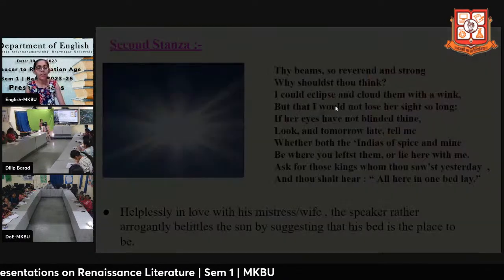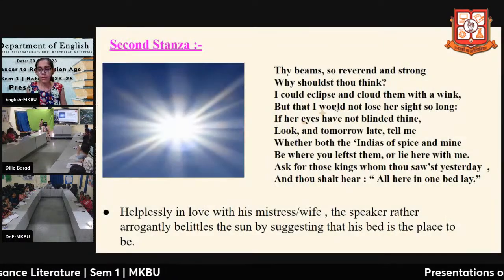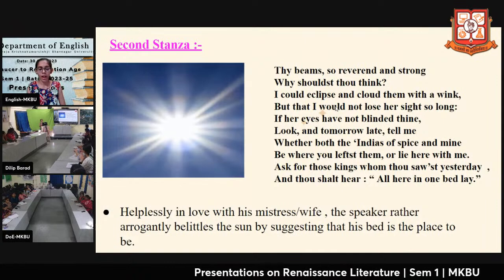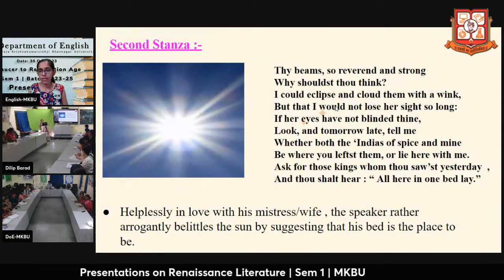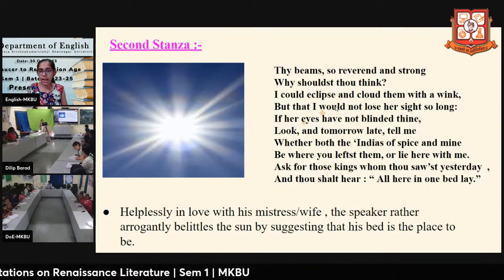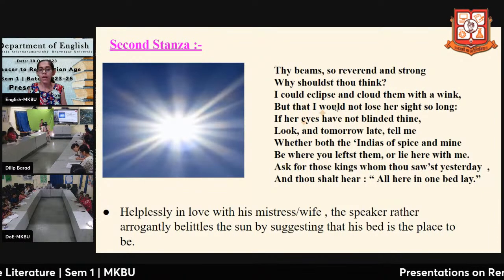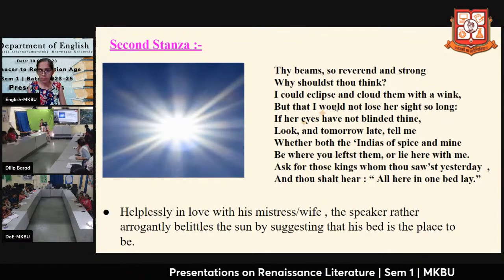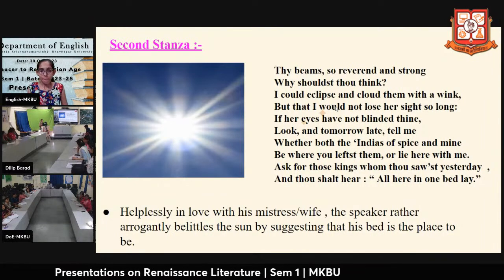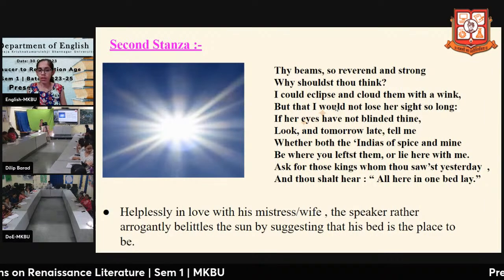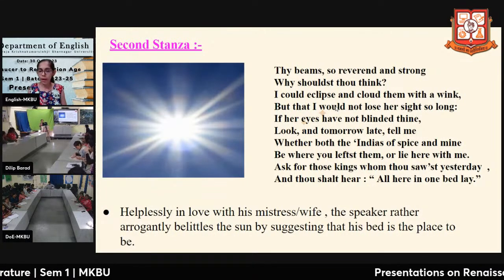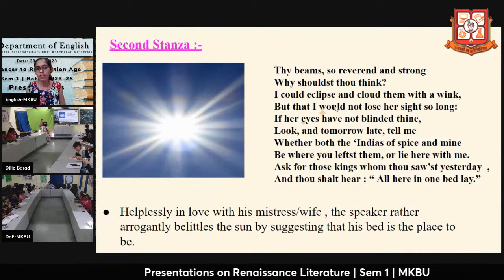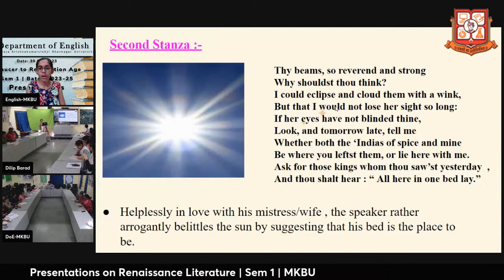In the second stanza, the poet says to the sun, "Why should you be so strong? I wink and you go, but I do not wink my eyes because my beloved you can be blinded by her shine.